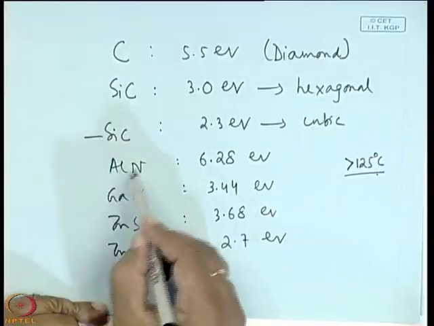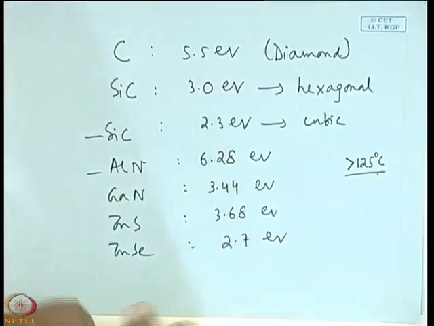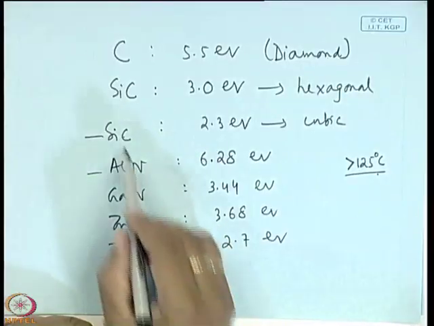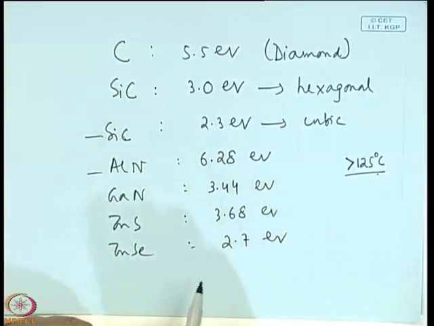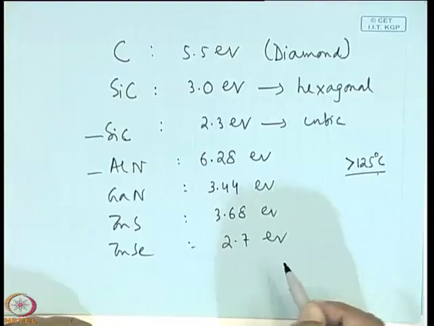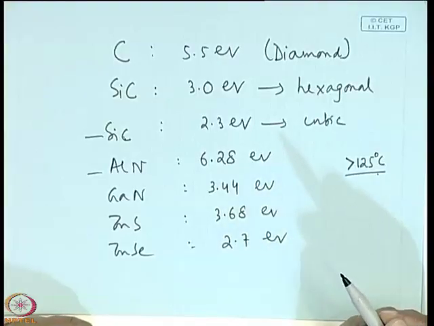Also, silicon carbide or nitride is an important material whose band gap can be tuned up to the visible range. That is also important: blue devices can be made using silicon carbide or gallium nitride. Blue LED or blue laser is used, and for the fabrication of white light, these materials are very important.